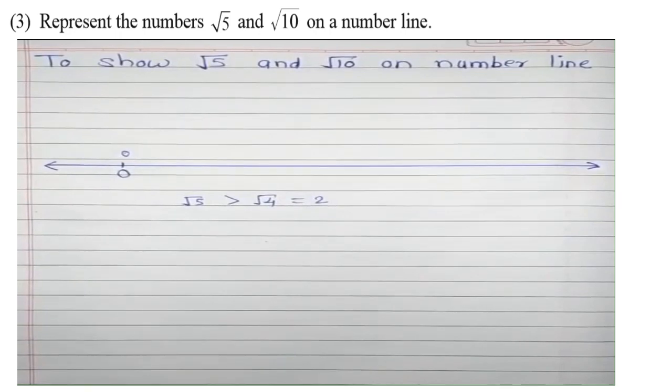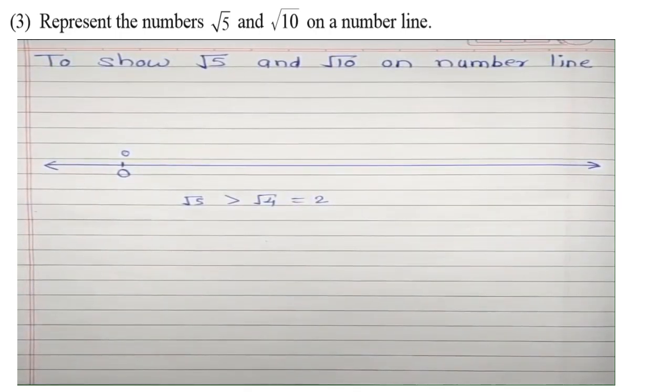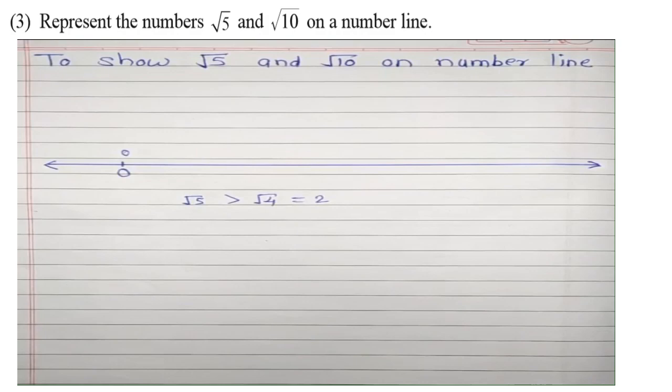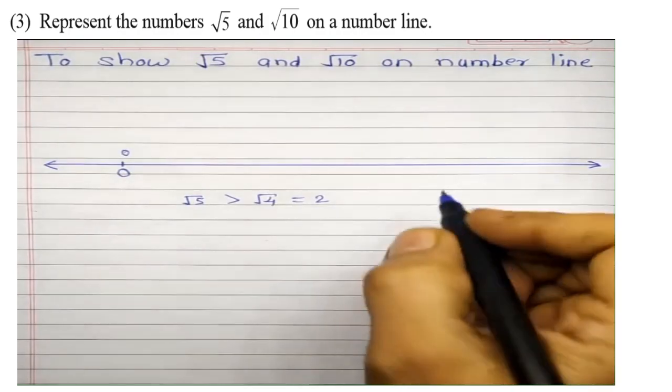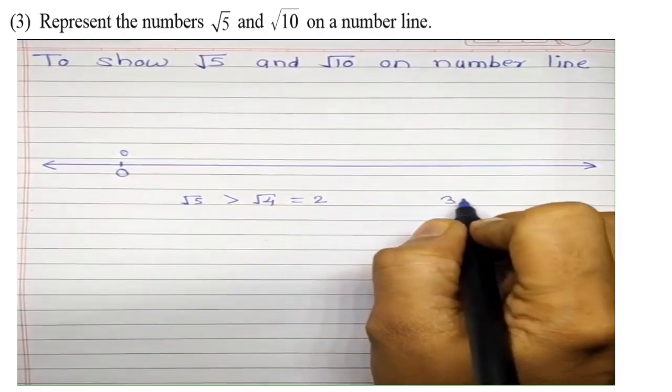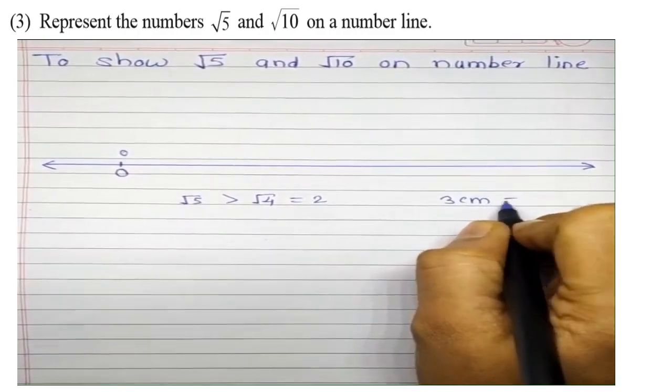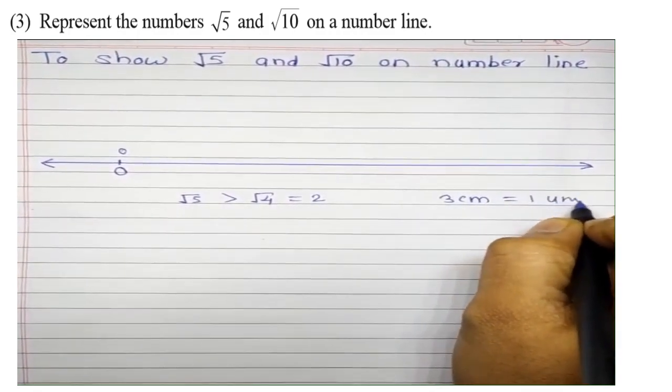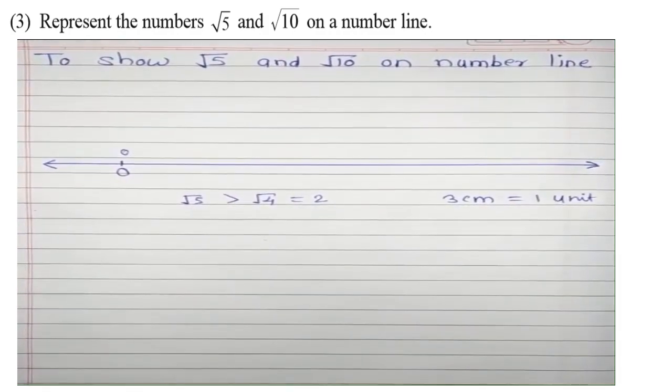That means root 5 lies beyond 2. So here, let us show units 1 and 2. We have to fix a certain distance as 1 unit. Here I am taking 3 centimeters as 1 unit. That means at every 3 centimeters I am going to mark a unit.